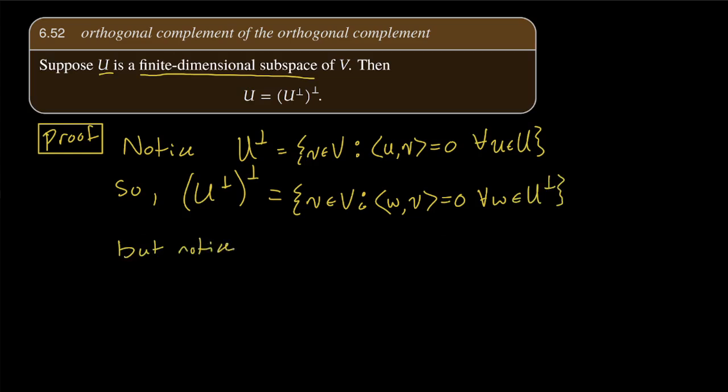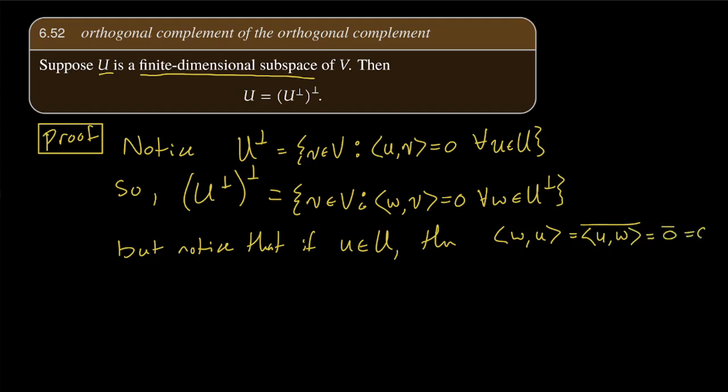But notice that if u is in U, then the inner product of w with u is equal to the conjugate of the inner product of u with w, which is the conjugate of 0, which is just 0, whenever w is in U perp.